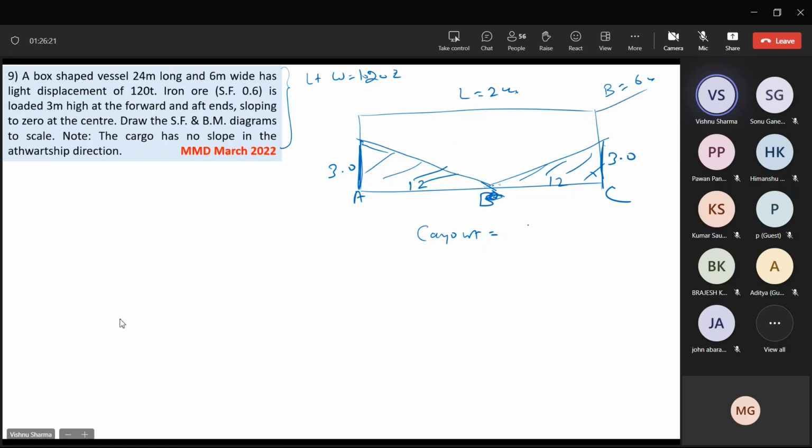So it will be one triangle, half base into height, multiplied by the breadth of 6 meters, that is volume, multiplied by 2 for the two triangular wedges, divided by the stowage factor of 0.6. How much is the cargo weight, guys?